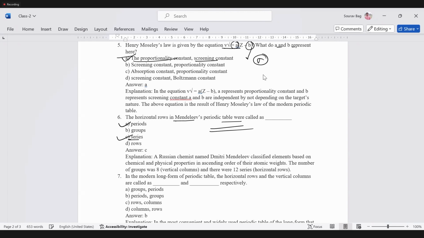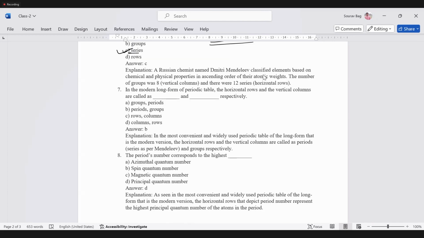In the modern long form of the periodic table, the horizontal row and the vertical column: the vertical is defined by groups and the horizontal is defined by periods. So B will be the right answer.